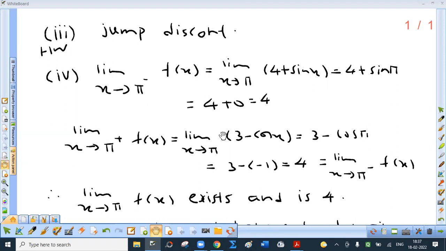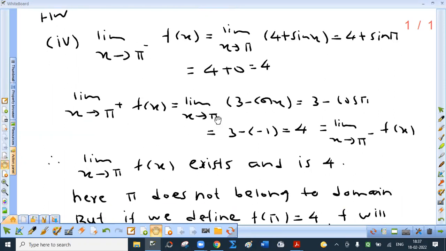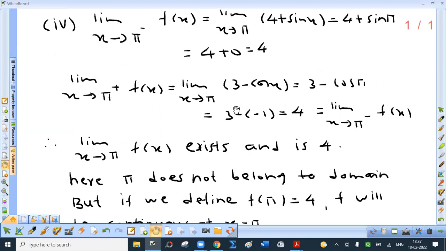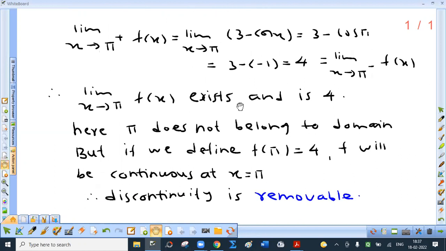So the limit as x tends to π of f(x) exists and is 4. Now π doesn't belong to the domain of this function initially. But if we define the function f at π as 4, same as the value of the limit, the function becomes continuous. Remember, a limit cannot be defined. A limit is to be evaluated. So this discontinuity is removable.